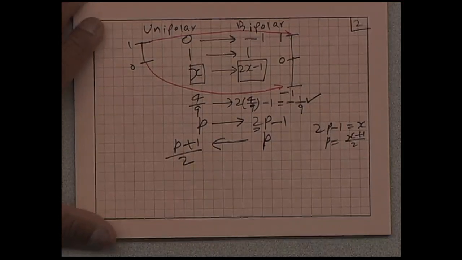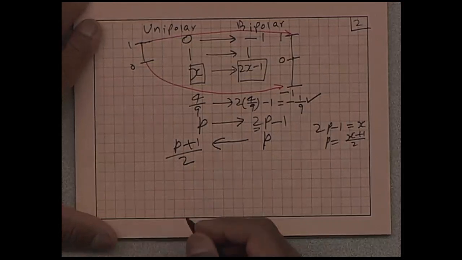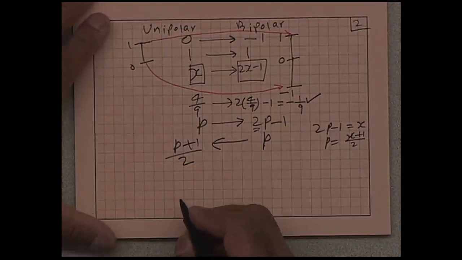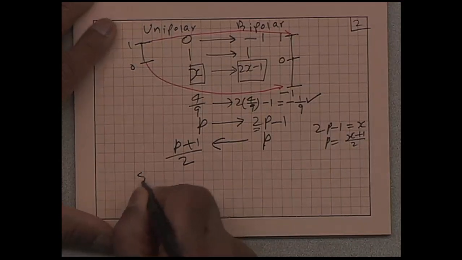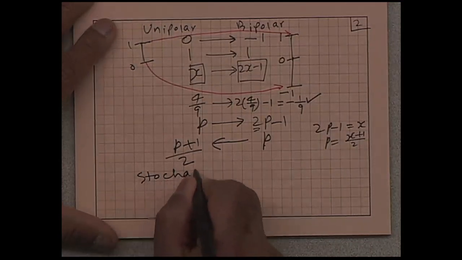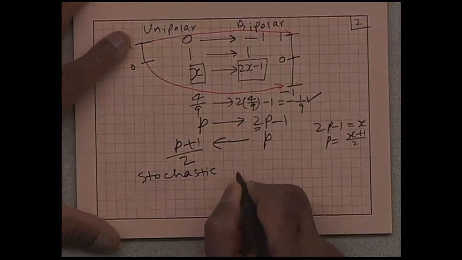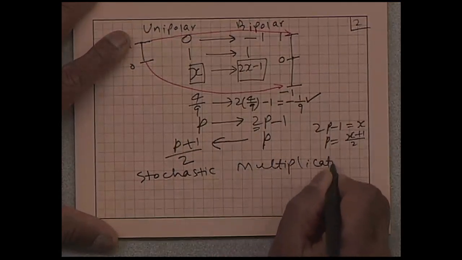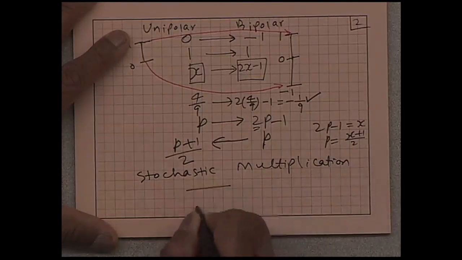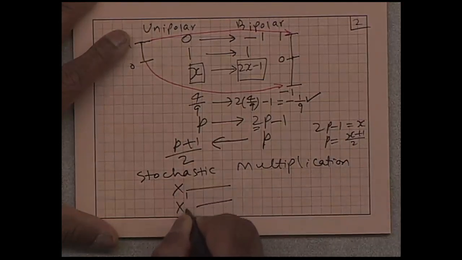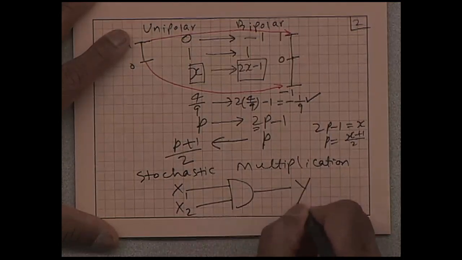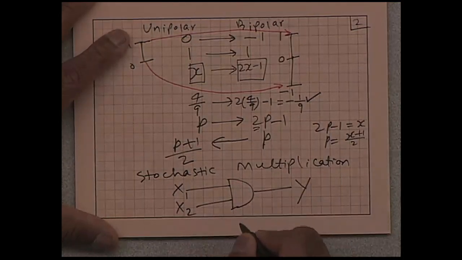So for example, if I want to multiply two stochastic numbers x1, x2, then I can simply multiply them with an AND gate.